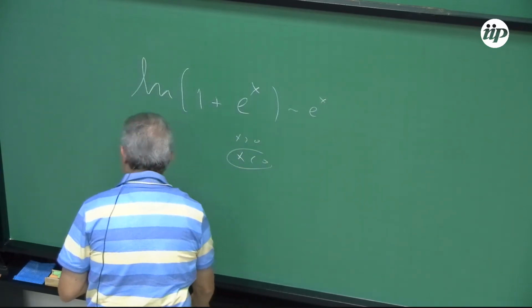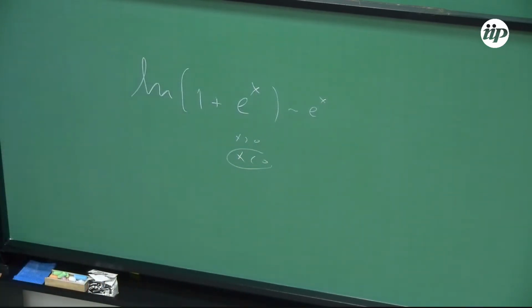When x is positive, I can't. So I have to do different expansions on the left and on the right. This is the origin of the two expressions here.